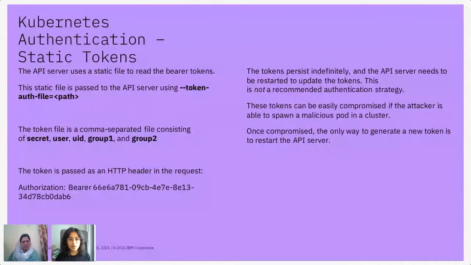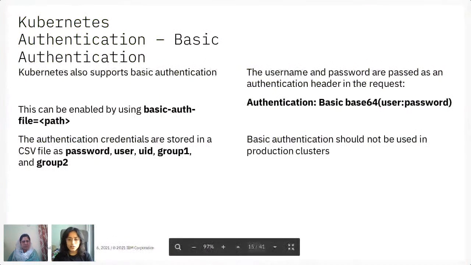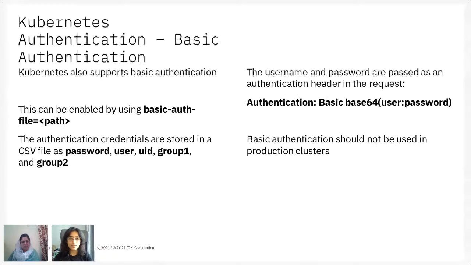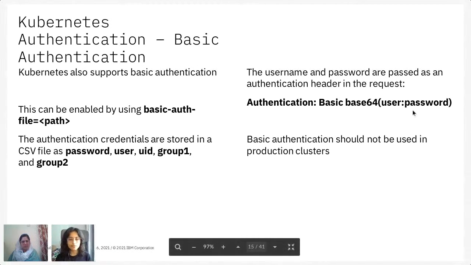And in case your system is compromised, it might lead you to restart the API server. So while technically you can do this in a development environment, it's not recommended for production. The next one is that Kubernetes also supports basic authentication. So this one is basic HTTP authentication, which you might have seen before if you're a web developer, where you require username and password as an authentication strategy.